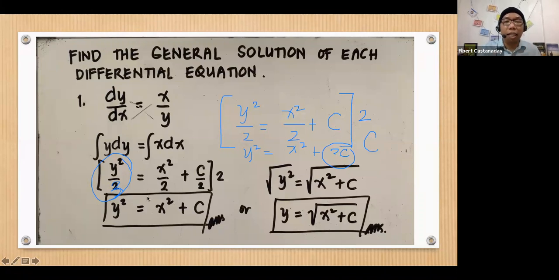Kung gusto mong isang line na lang siya, sige, multiply mo by 6. So you will have here 2y squared is equal to 3x squared plus 6c, or just basically write c there.